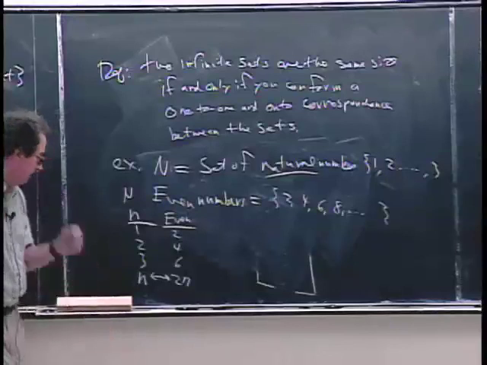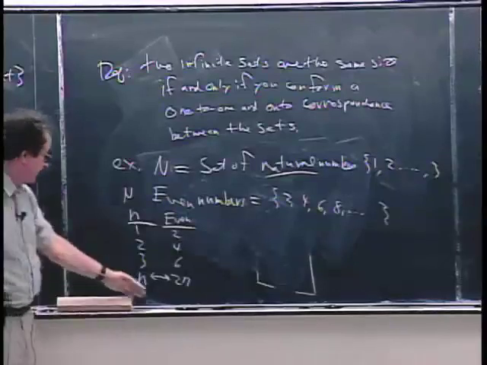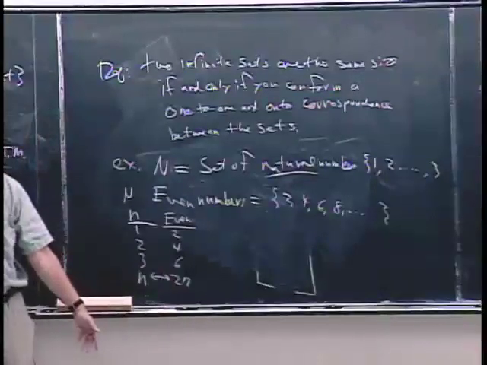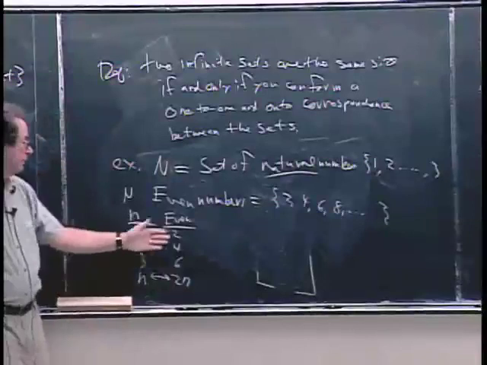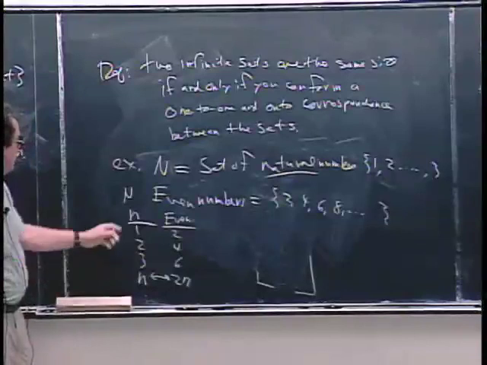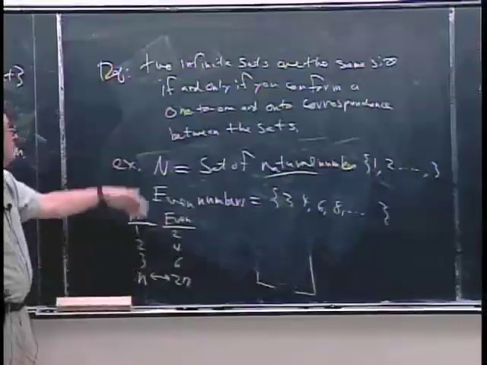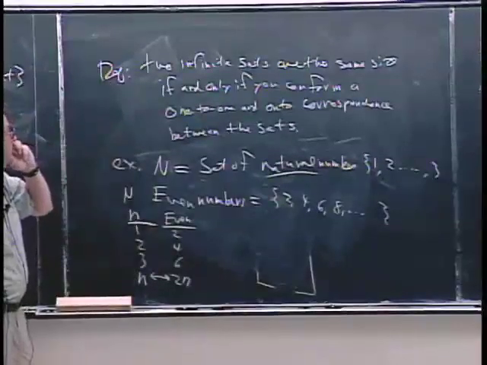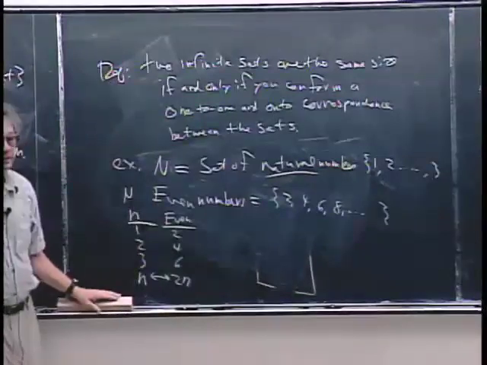But at any rate, it goes forever, but this correspondence works forever. All right? So there is a way of finding this one-to-one onto correspondence between the natural numbers and the even numbers. And so according to Cantor's definition, these two infinite sets are the same size.